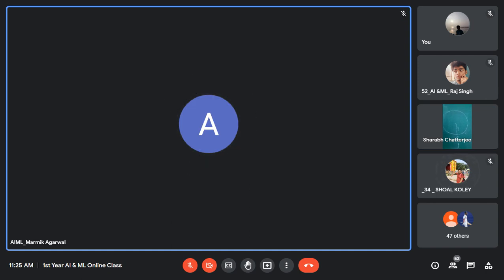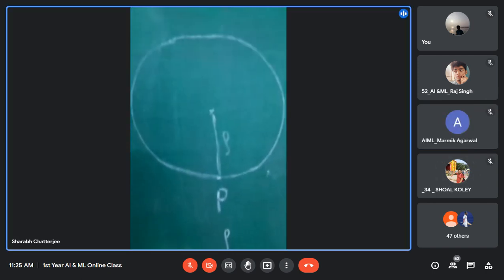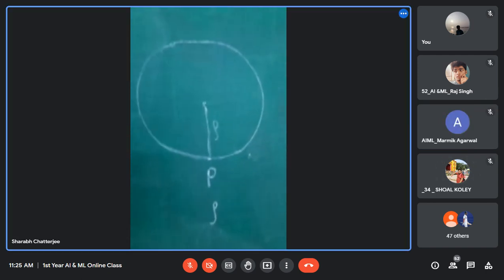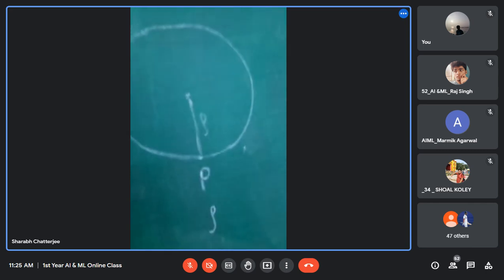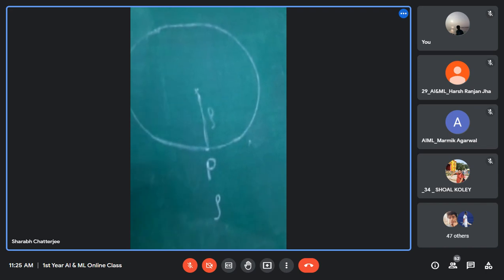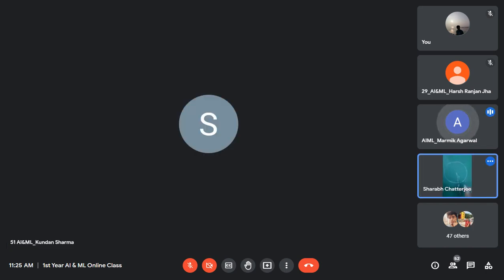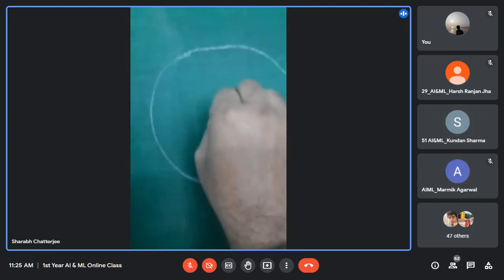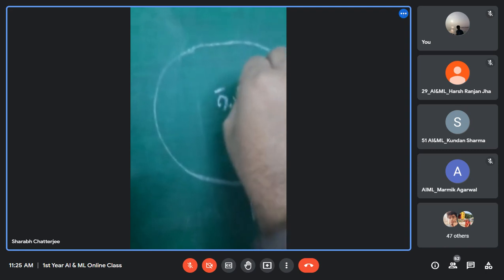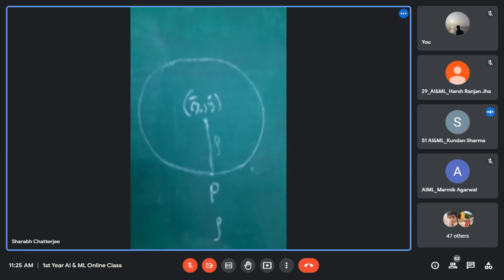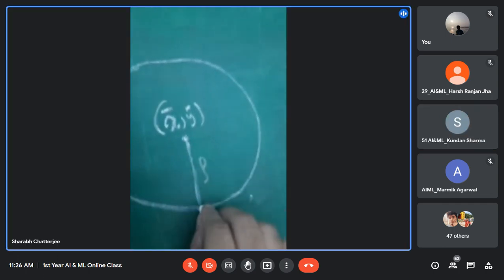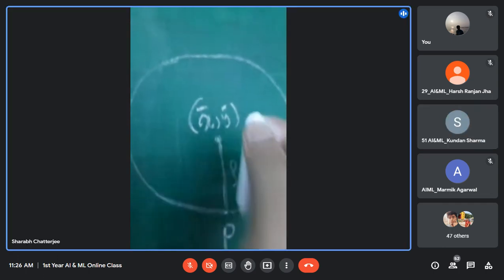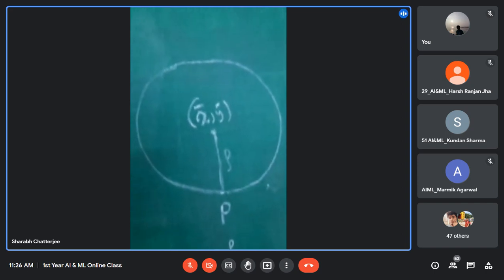The radius itself is the radius of curvature because the curve itself is a circle, correct? Yes or no? Yes, sir. So the center of curvature is nothing but the center of the circle, है कि नहीं? If I keep moving p, रो सेम ही रहेगा, सेंटर भी सेम ही रहेगा, can you see?